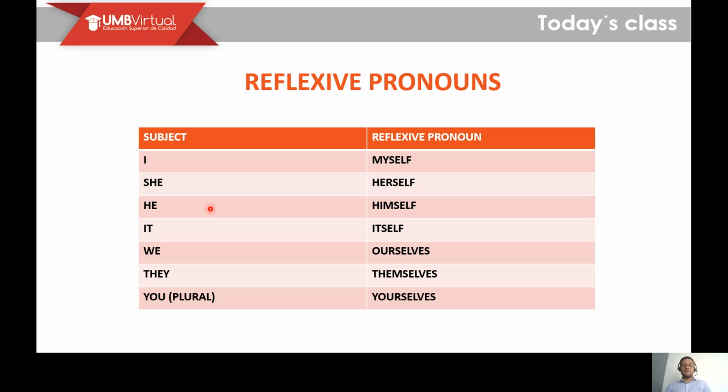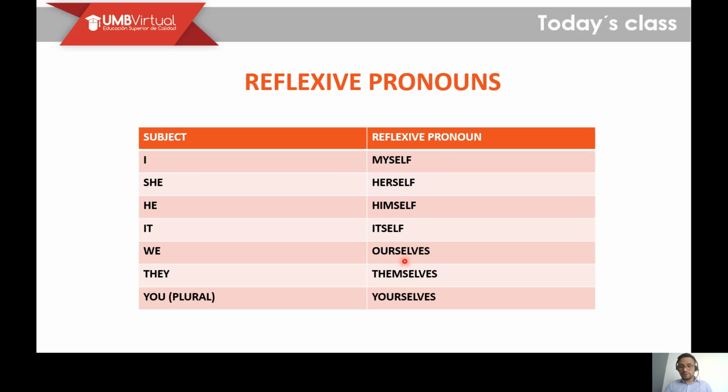Reflexive pronouns. We have subject plus, in here we have the subject, and in here we have the reflexive pronoun. ¿Para qué nos sirve el pronombre reflexivo? Para hablar de la persona misma, de mí mismo, de tú mismo, de ella misma, de nosotros mismos. Cuando nosotros decimos eso, en inglés tenemos una forma: myself, herself, himself, itself, ourselves, themselves, and yourselves.